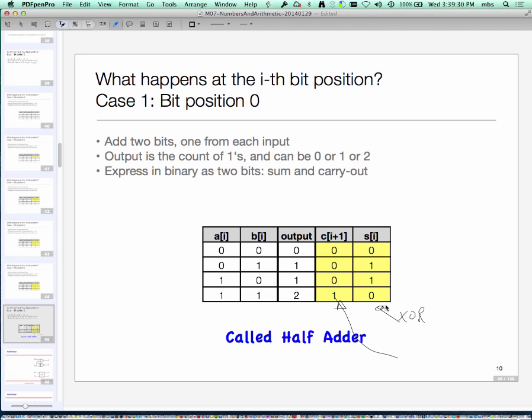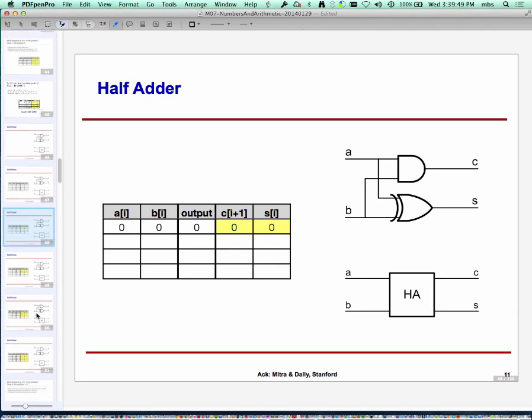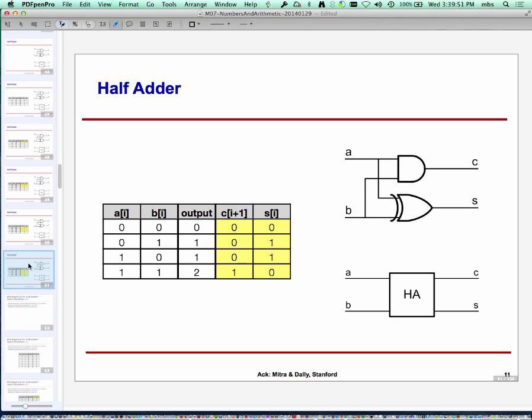AND, right? So our half adder is nothing but an AND gate and an XOR gate. XOR is computing the sum and AND is computing the carry. That's a half adder, and that's the truth table, which we already saw.